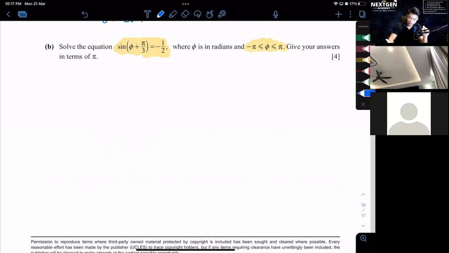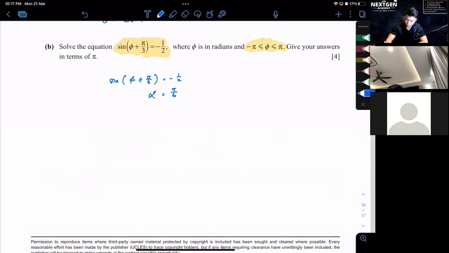So let's write the equation first. Sine of phi plus pi over 3 equals negative 1 over 2. We find our base angle. Alpha will be shift sine 1 over 2, which is pi over 6. So our angle theta is now phi plus pi over 3.